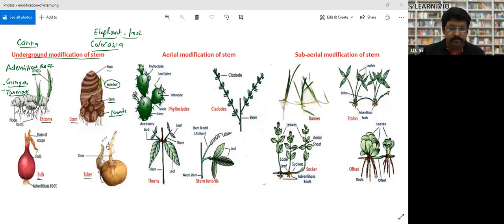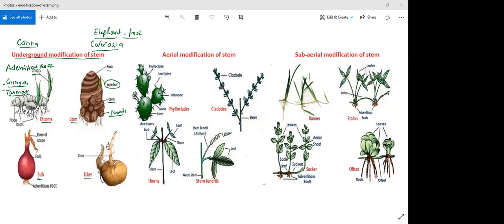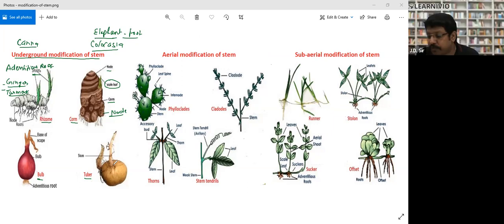Next, tuber. Tuber, you know, it's potato. Tuber is oval, spherical, or swollen underground structure.